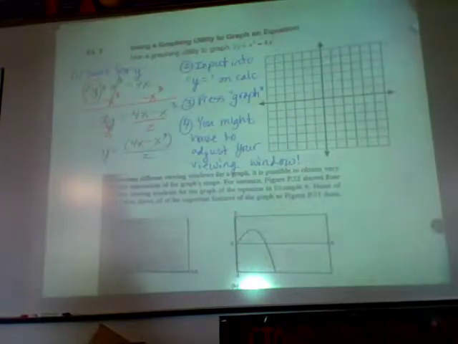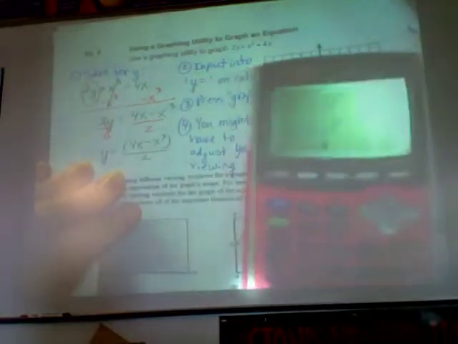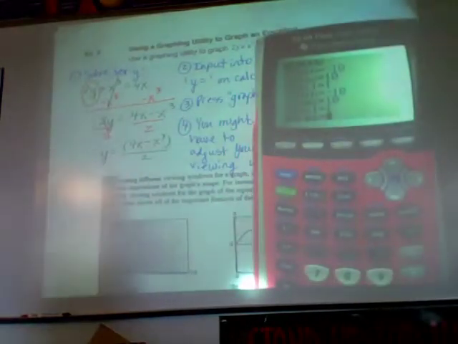Make sure that your viewing window is that standard viewing window. So make sure that you, because we did a lot of stuff in it yesterday, so make sure you have the standard viewing window. Also make sure that your stats plots is off.